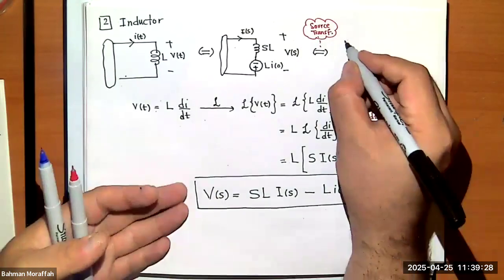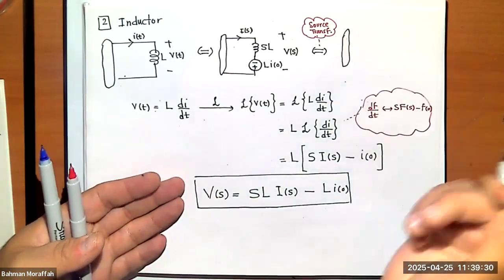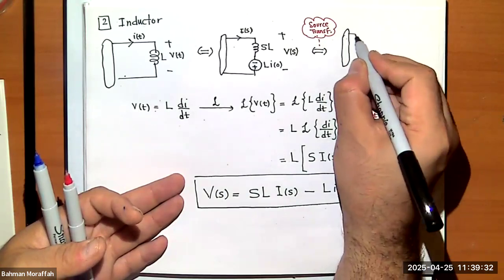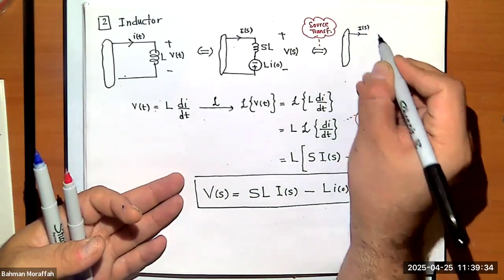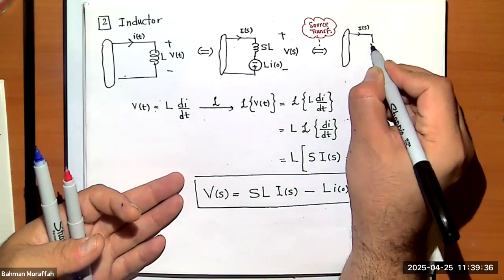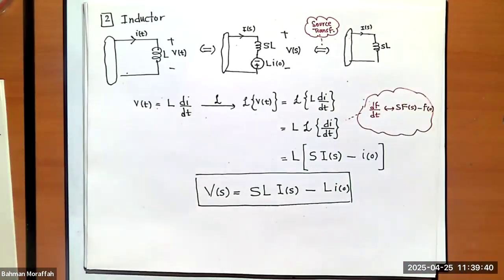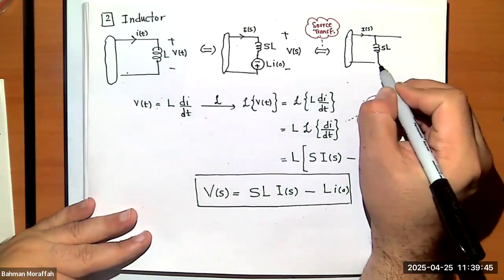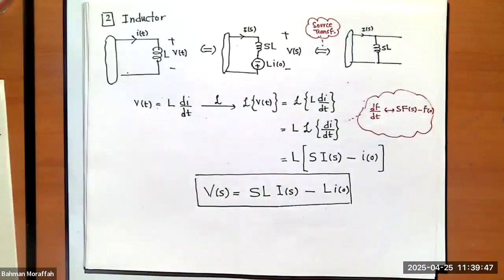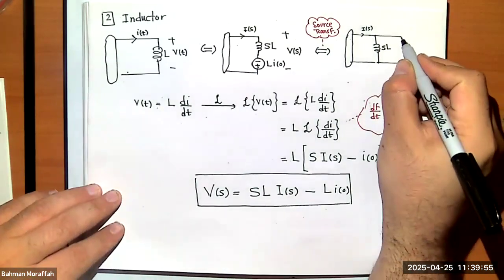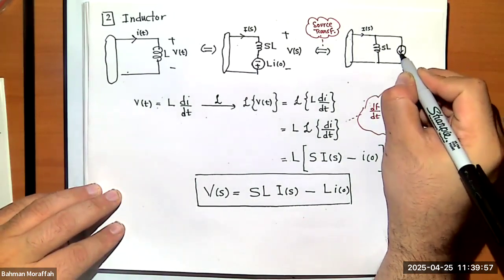So I have this part of the circuit that does not change. I still have I of S. I have this SL, whose impedance value would not change, followed by a current source. What is the direction of the current source? It's downwards.